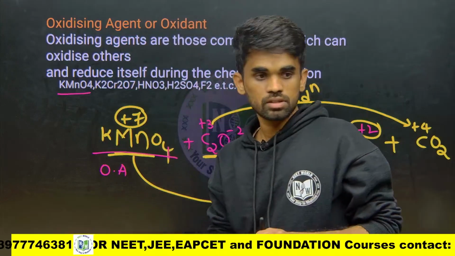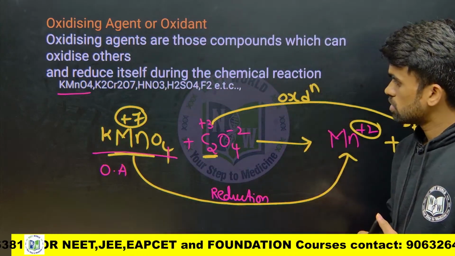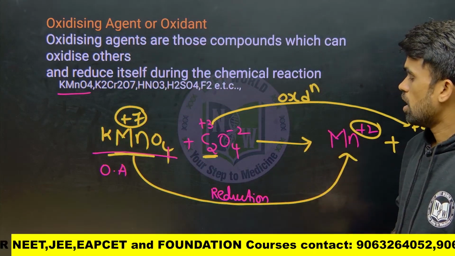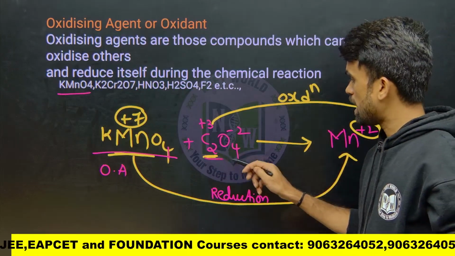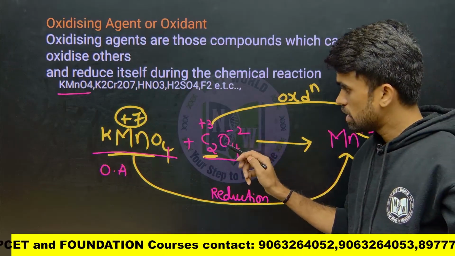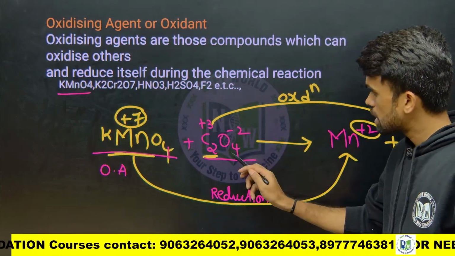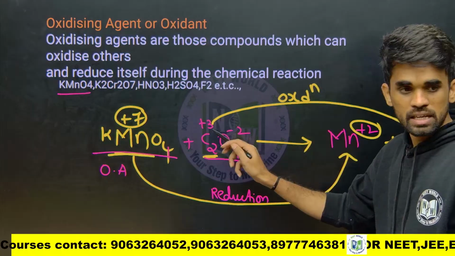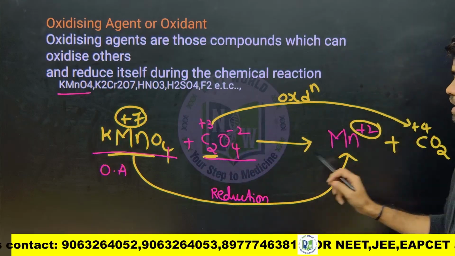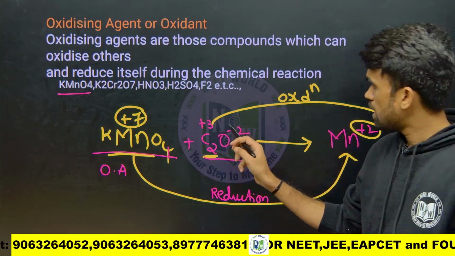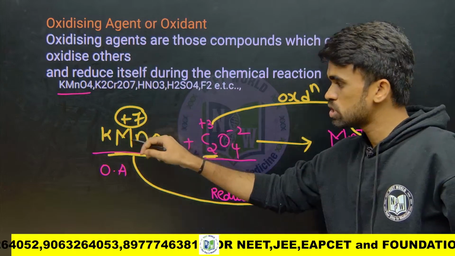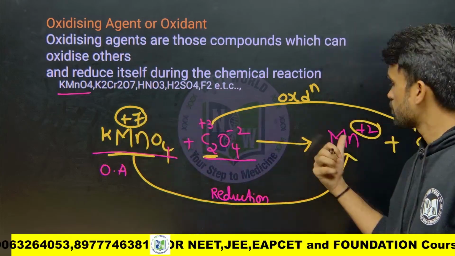Now can you define what we mean by reducing agent? The reducing agents are the compounds which oxidize themselves and reduce other compounds. This is the agent which reduces others and oxidizes itself. Now this species +3 is converting into +4, which means it is oxidizing itself, and it is reducing the other species from +7 to +2.